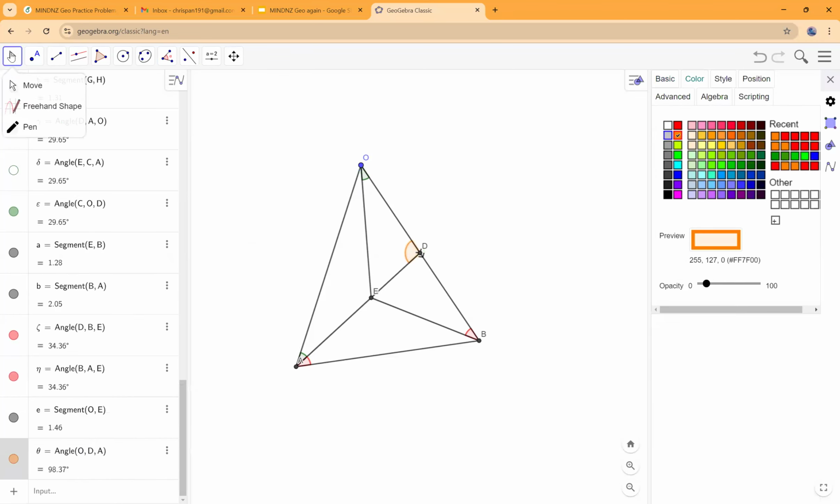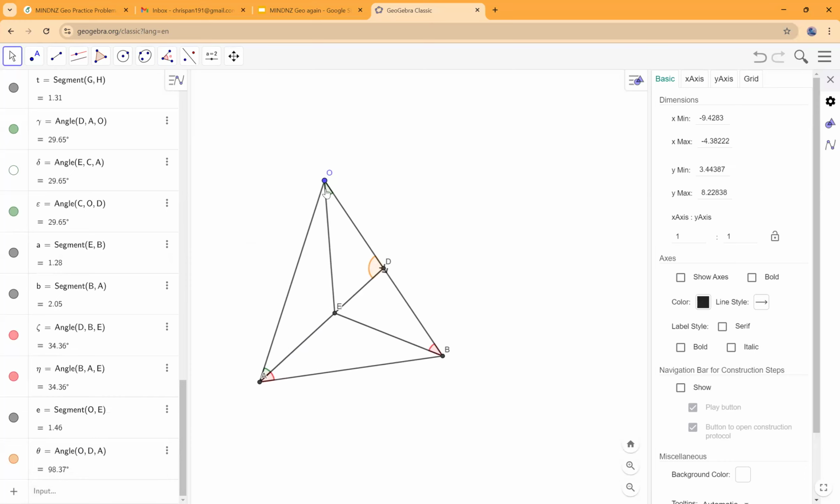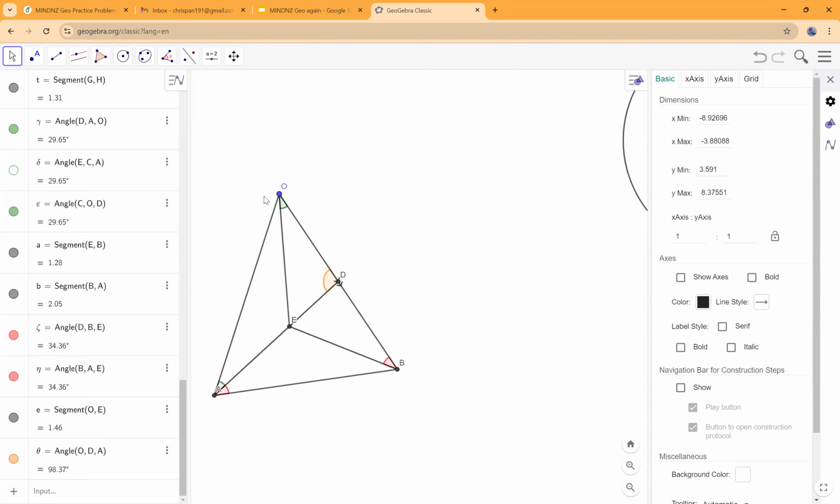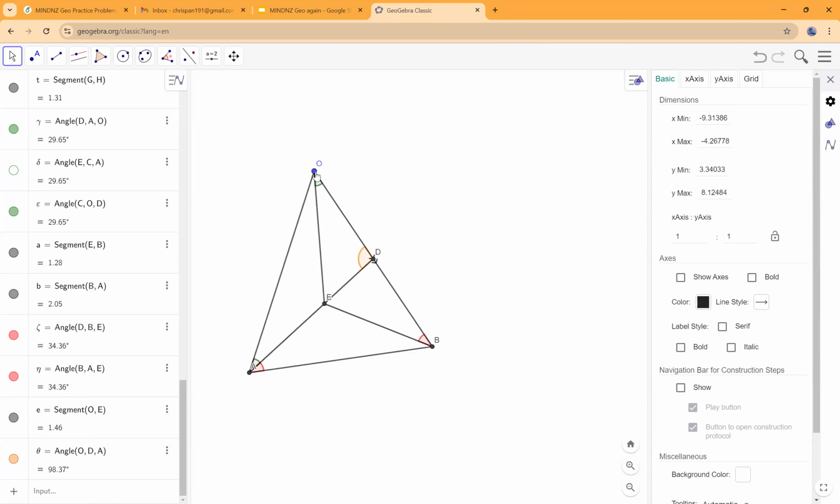Triangle OED has a green angle and an orange angle, but triangle OAD also has a green angle and an orange angle. And when two triangles have two equal angles, the third must also be equal from the sum being 180 degrees. Therefore, the triangles have all three equal angles, so they are similar. So triangle OED is similar to triangle OAD.